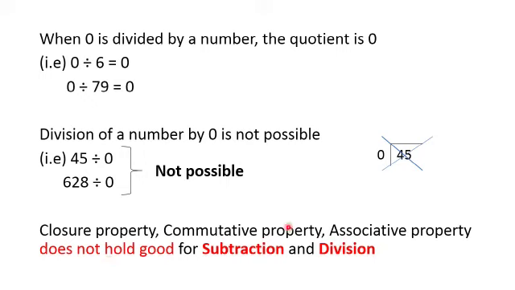The closure property, commutative property and associative property will be satisfied only for addition and multiplication. These three properties will not hold for subtraction and division.